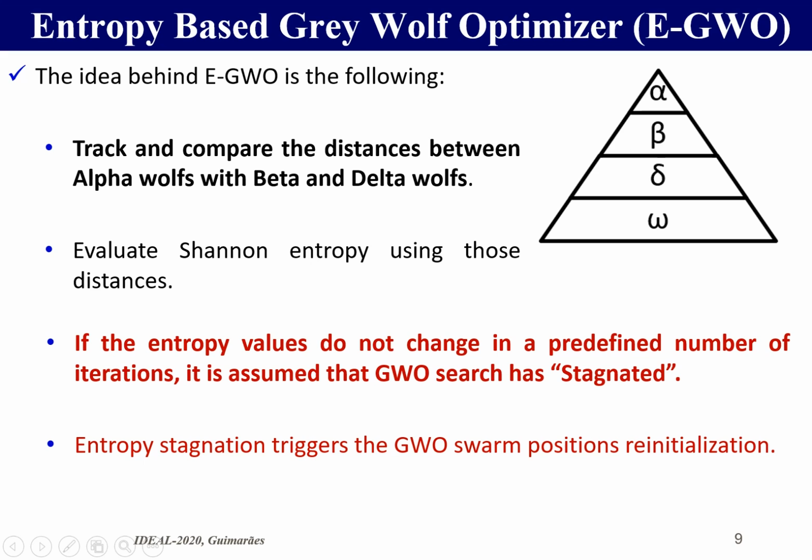Based on this distance and entropy, we evaluate if the swarm doesn't change much, which means it has stagnated. If the distance and the entropy don't change for a certain number of iterations, we assume that the search is stagnated, and we restart the swarm positions.